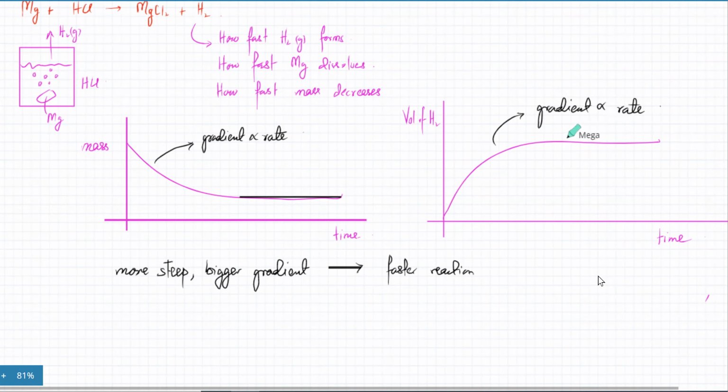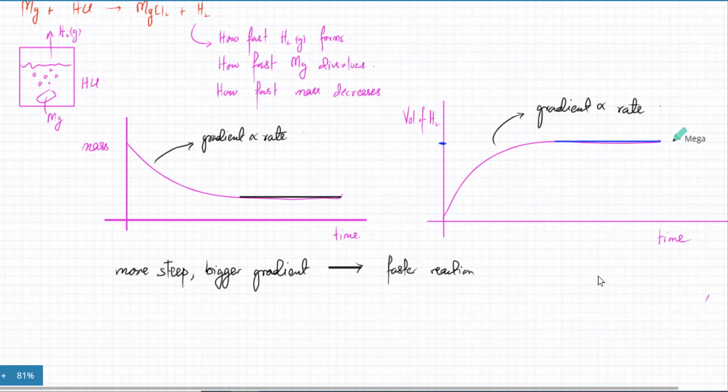Okay, now it's fixed. If this much volume has been produced, then now it's no longer changing. Like if 20 cm3 is produced, and now no extra gas is being produced, that means the reaction stopped. Clear? Yes. Okay, that means there's nothing happening anymore.